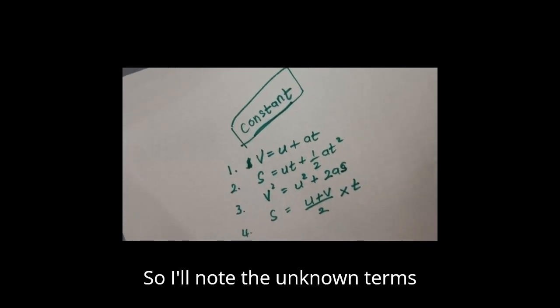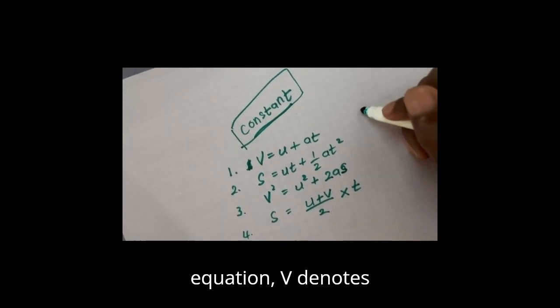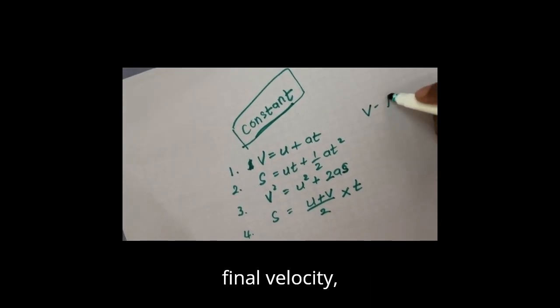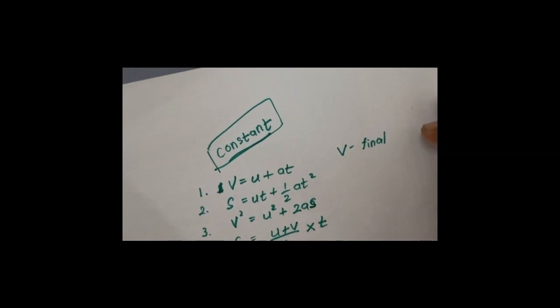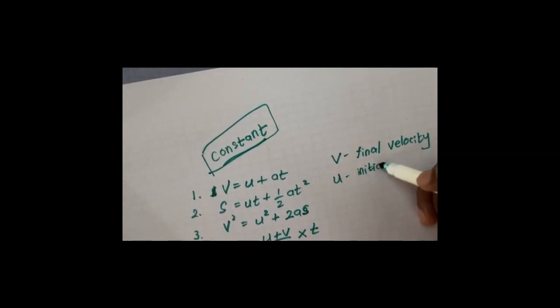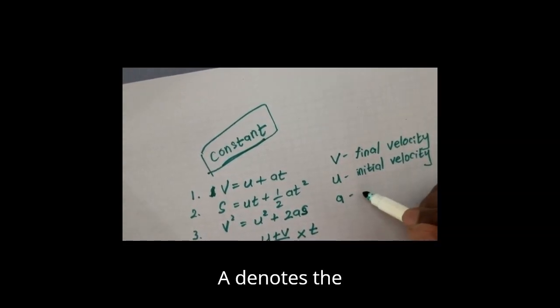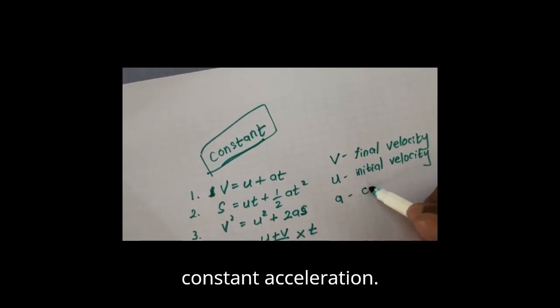So I'll denote the unknown terms here if you are not familiar with these equations. V denotes final velocity. U denotes initial velocity. A denotes the constant acceleration.